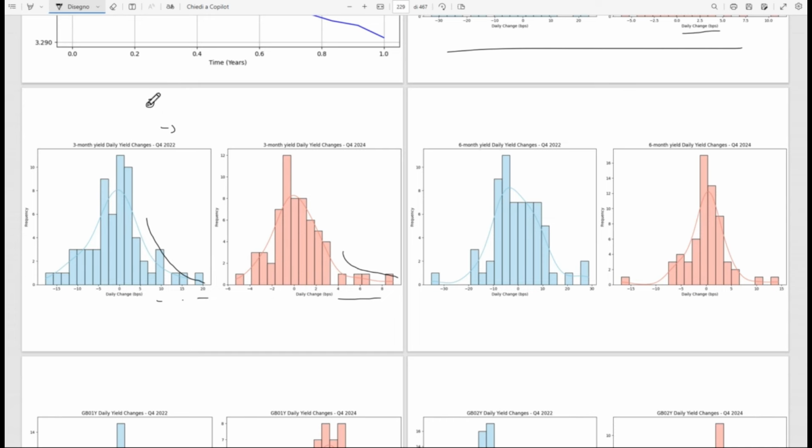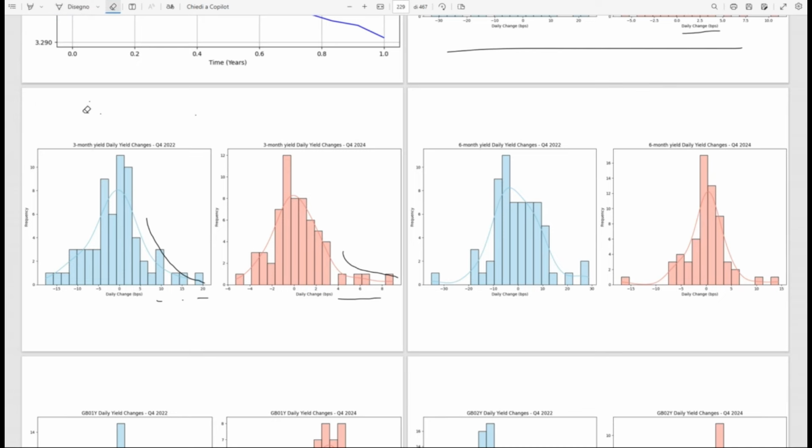That would be a change of 0.20% in a yield, okay. Let's say that the 10-year goes from 3 to 3.2% just in one day, and this is recorded in the data. Now this is the 3-month yield, okay.